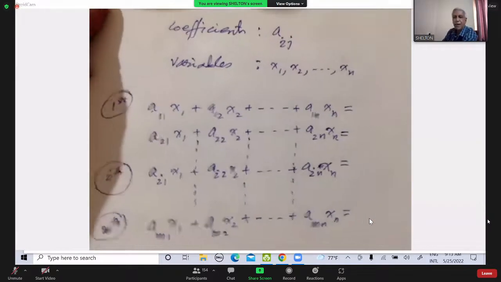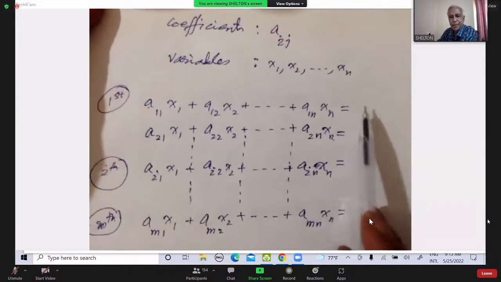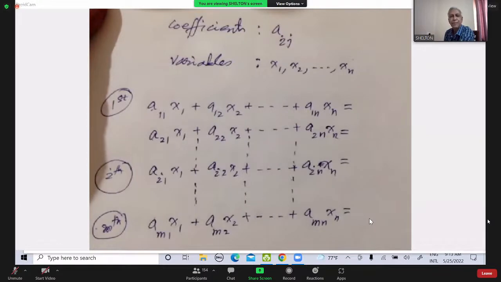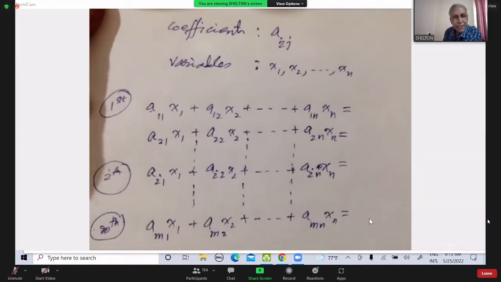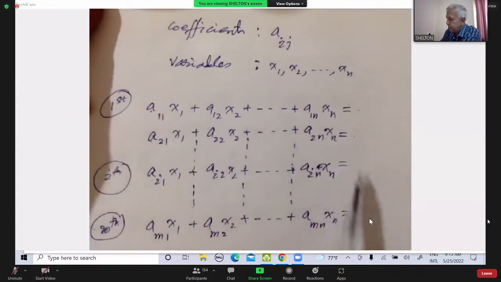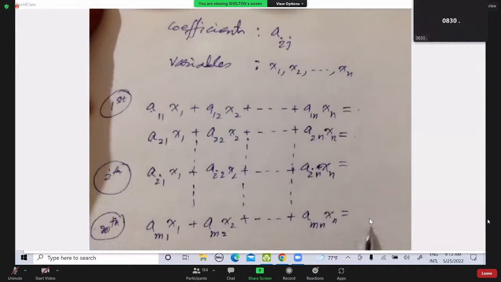Now, how many symbols are needed? I need to put a constant here. How many constants are needed? 1, 2, 3, m.